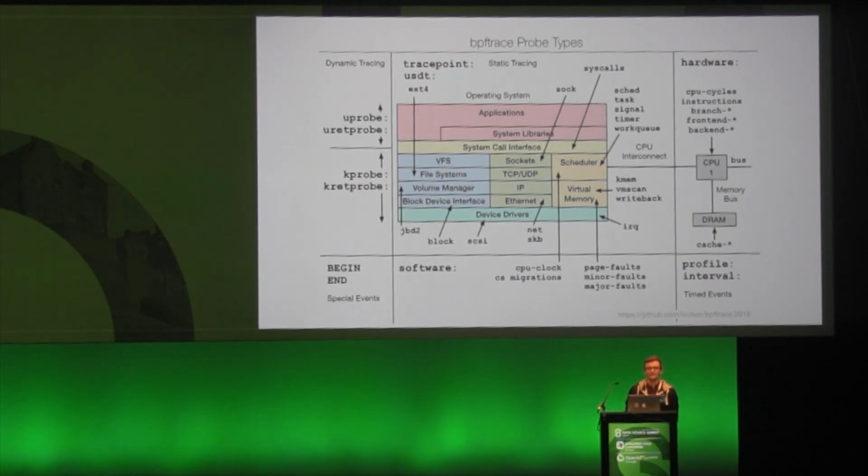We can perform static tracing on kernel tracepoints and on USDTs. We can hook into hardware events like cache misses, software events like page faults, and we can also schedule our BPF programs to run at arbitrary time intervals to allow us to do profiling, for example.